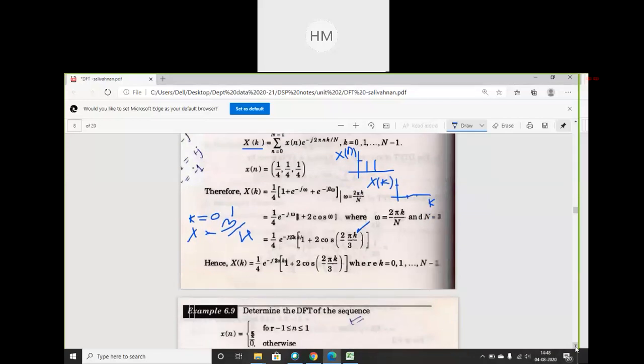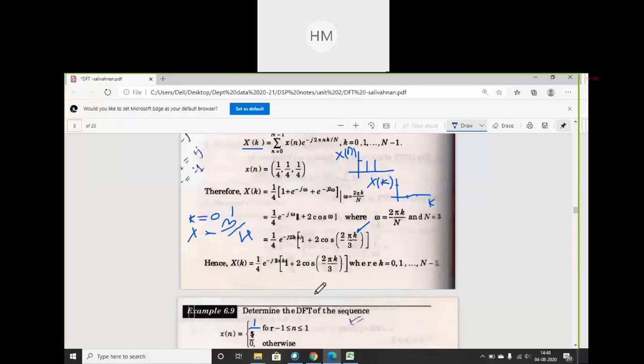Determine DFT of the sequence x of n is 1 by 5 for values -1 less than or equal to n less than or equal to 1.